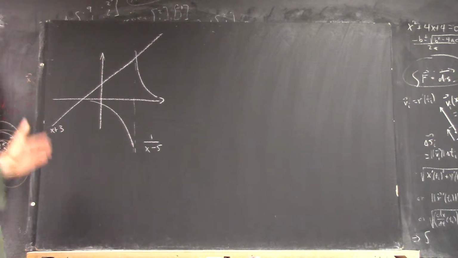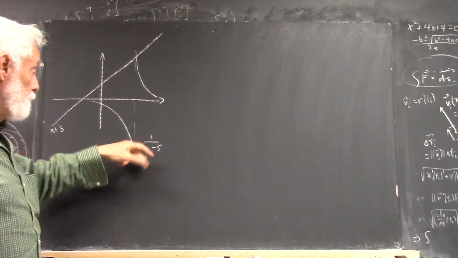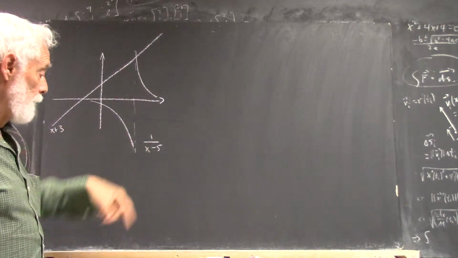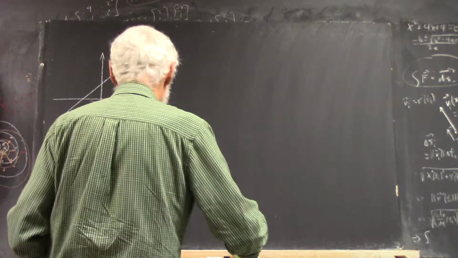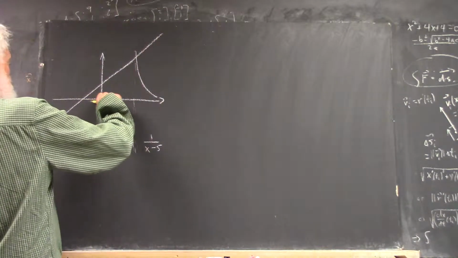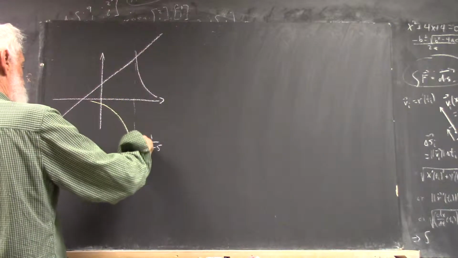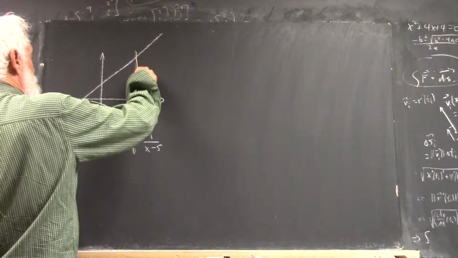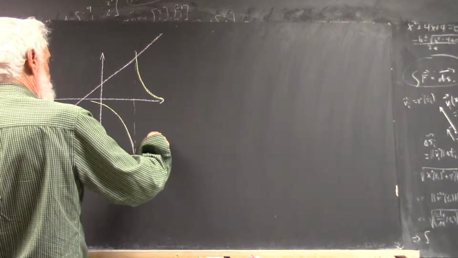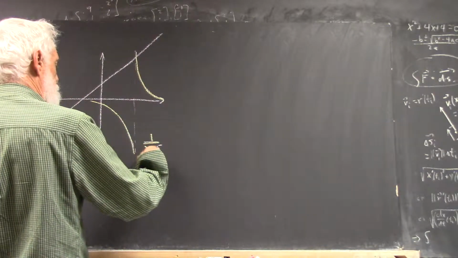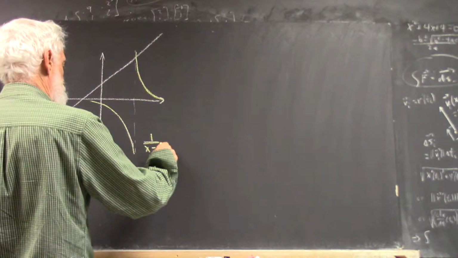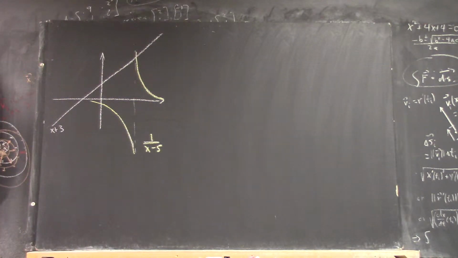Now, let's just say this function's x plus 3 and this function's here 1 over x minus 5. And let's go ahead and kind of color code them. So we'll just draw this one in yellow. Okay.